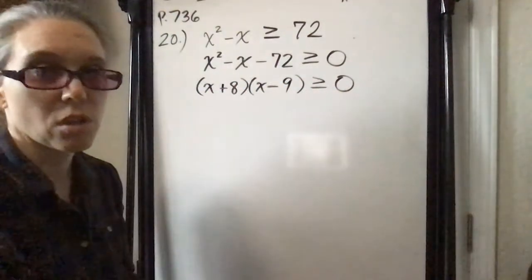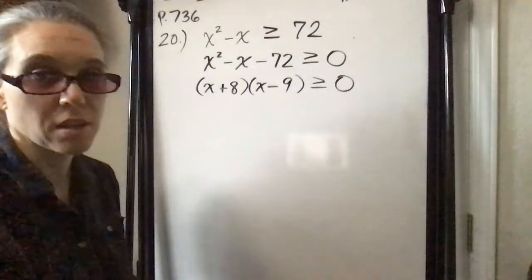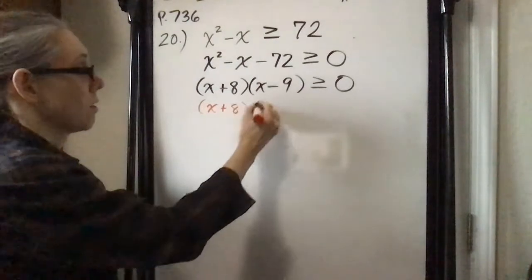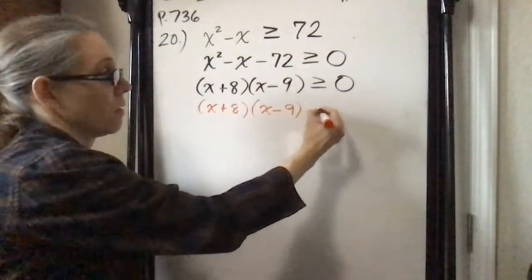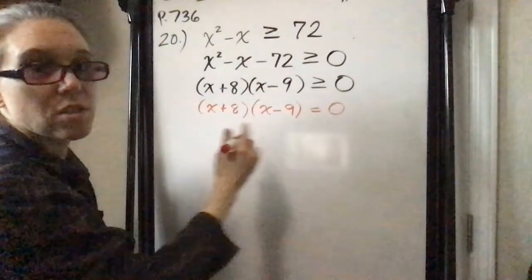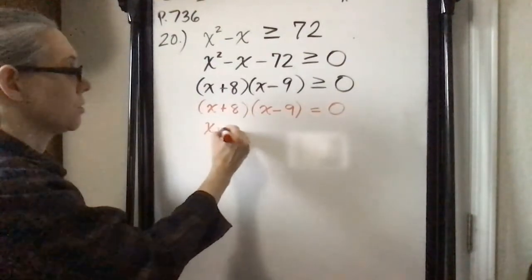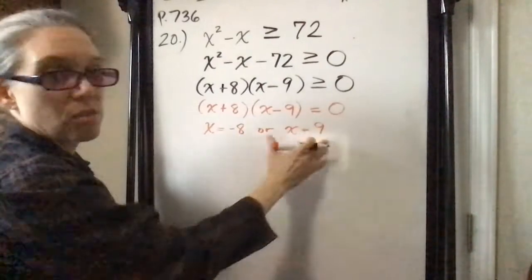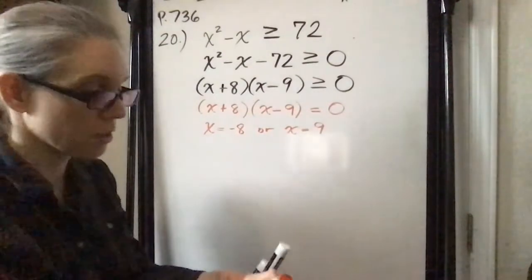And if you were to solve the corresponding equation, the equation looks like this. And when you solve that equation, you end up with x equals negative 8 or x equals 9. So these are the two numbers that we're going to use on our number line.